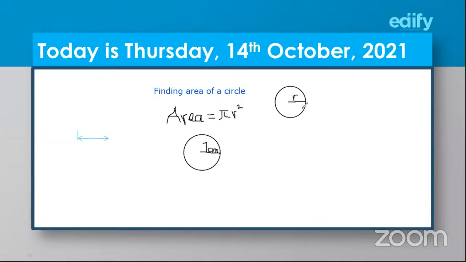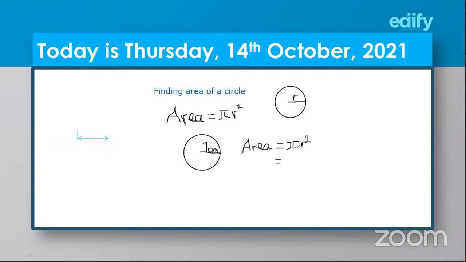Yes, Michelle, can you explain that? We are going to say area of a circle equals pi r squared. We go ahead.